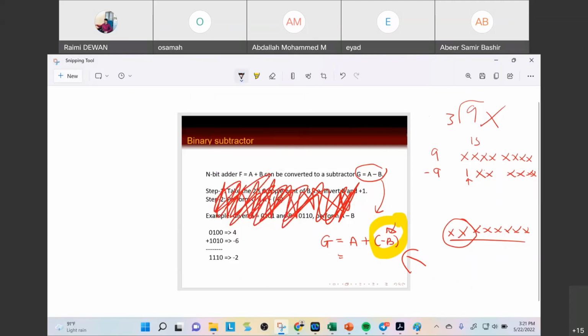So here, you see this one is negative B. If the question didn't specify what to use, you can use anything that can represent this in a negative number. So it is not only two's complement. You can use one's complement and you can use sign magnitude.